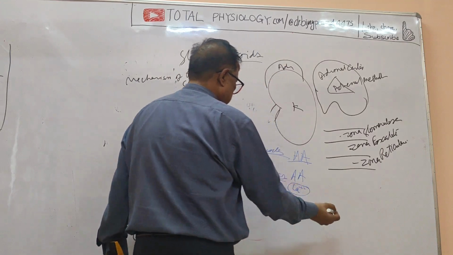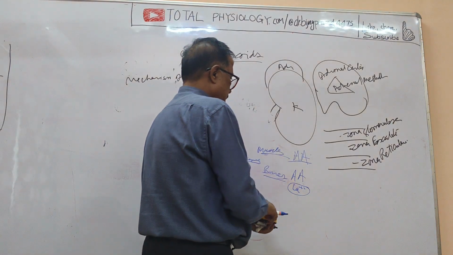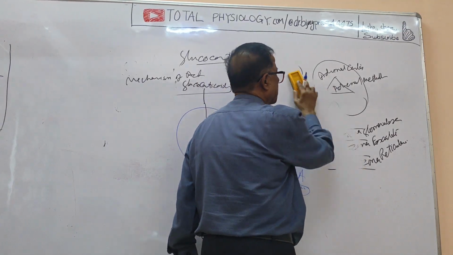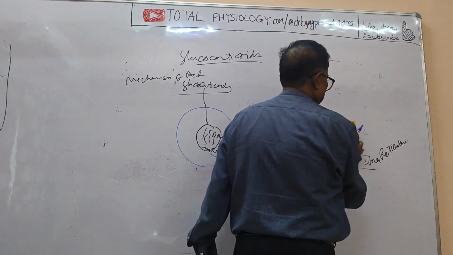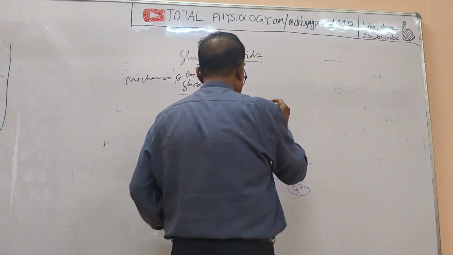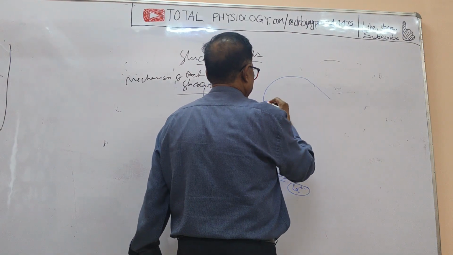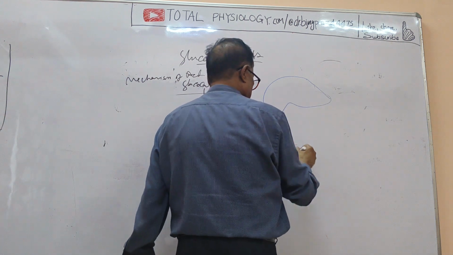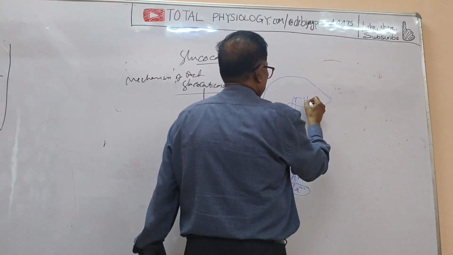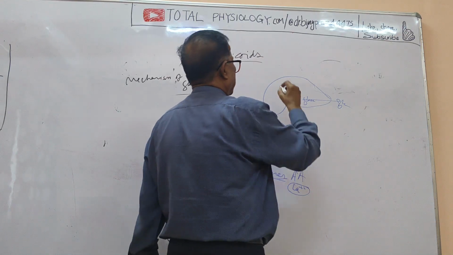The amino acids will go into the liver to form glucose, gluconeogenesis.